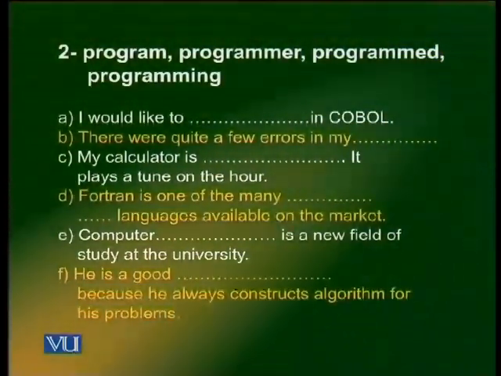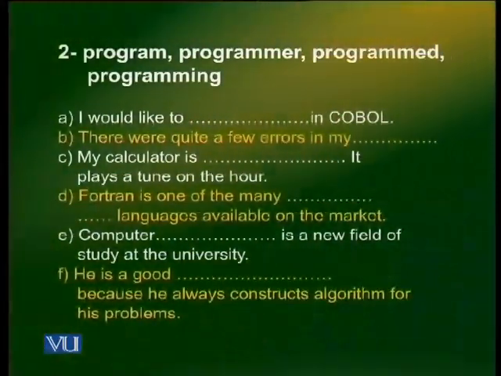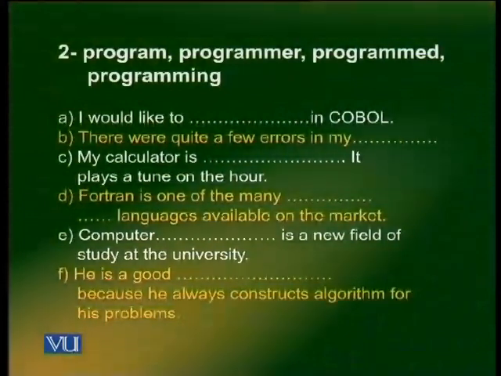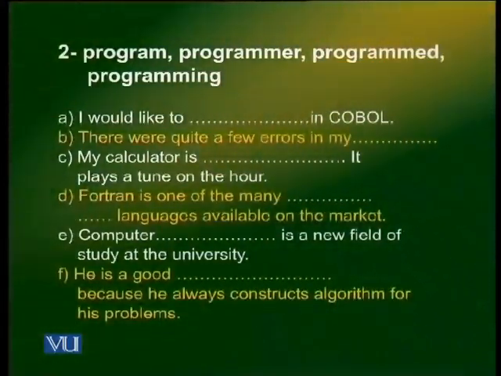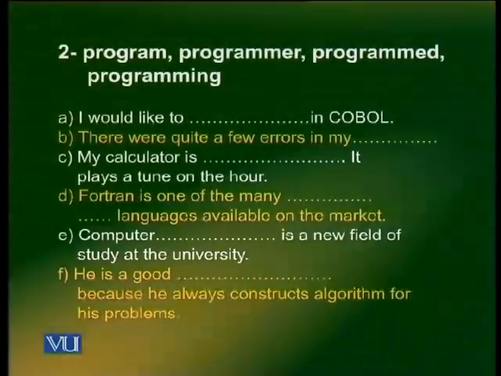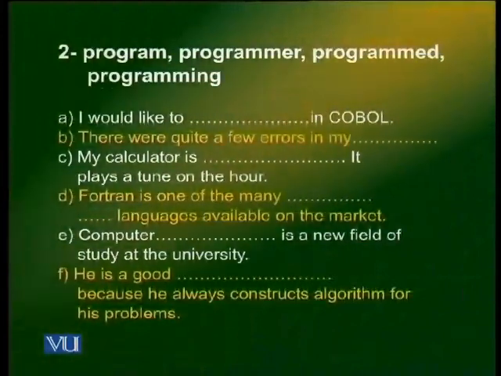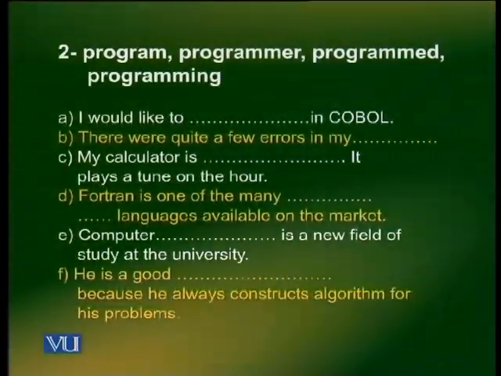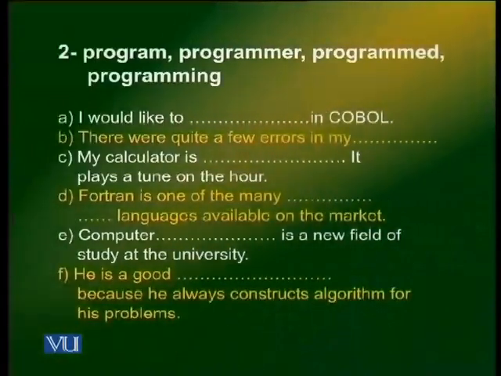Number E, computer is a new field of study at the university. Computer programming is a new field of study at the university. And the last sentence, he is a good dash because he always constructs algorithms for his problem.